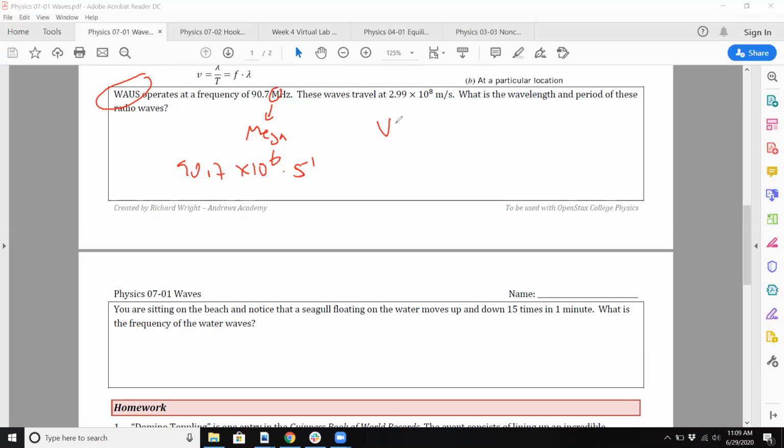So remember, your velocity is your lambda over time, or your velocity could be your frequency times your wavelength. Our velocity is 2.99 times 10 to the 8th. Our frequency is 90.7 times 10 to the 6th, times lambda. If I solve for lambda, I'm going to divide everything by that. You'll need a calculator, of course.